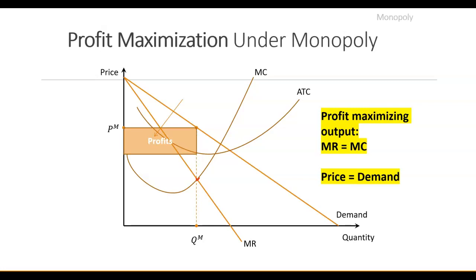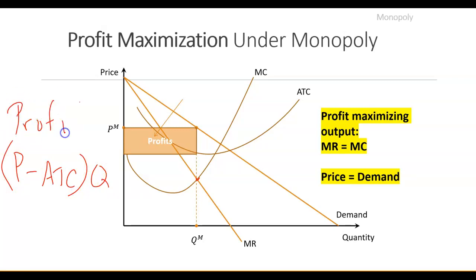Price minus average total cost times the number of units. That's profit. You all need to have that in your head. Another way to look at it is total revenue minus total cost. But in this case, we're looking at the marginal curves. So this part becomes economic profit for the firm.